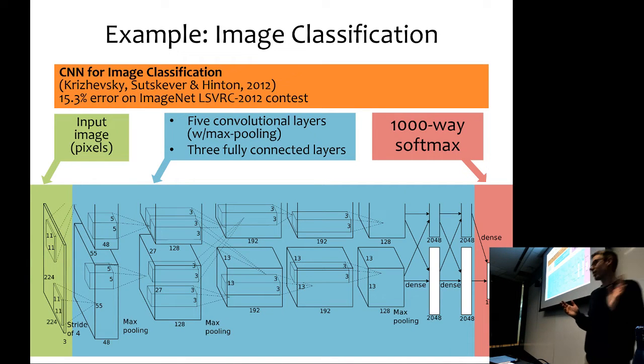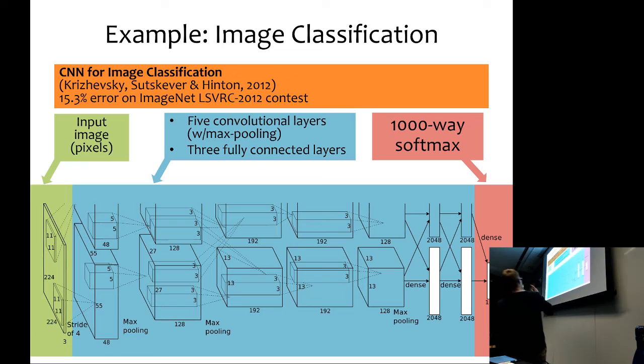And all of these got replaced when, in 2012, in this contest, the winner by a substantial stretch was a convolutional neural network that took the image as input and passed it through 5 convolutional layers with max pooling layers interjected between some of them, followed by some dense layers, followed by a softmax.